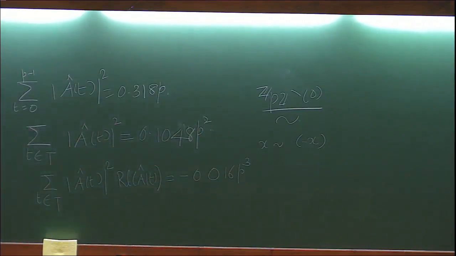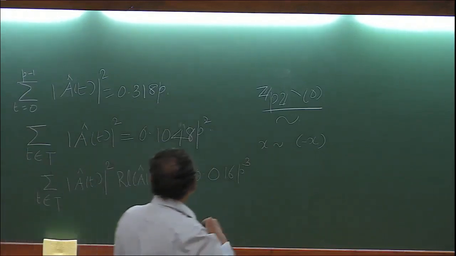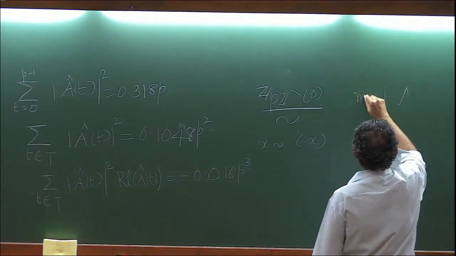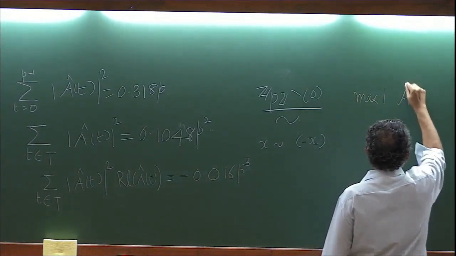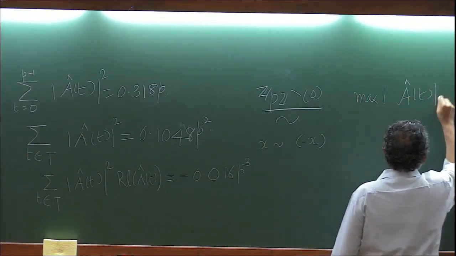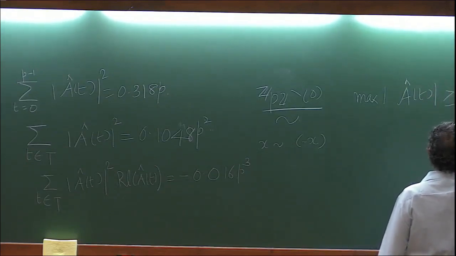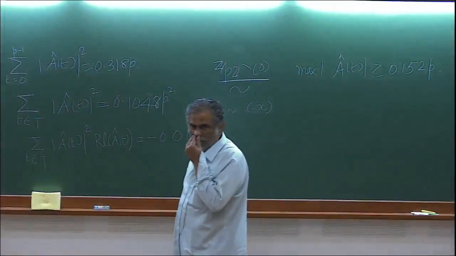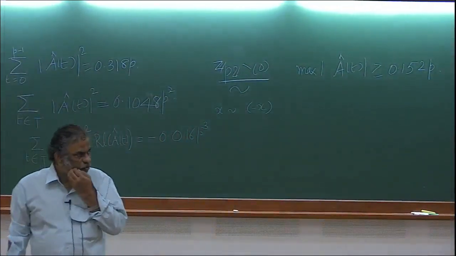And from these two equations, we want to get the maximum of |a hat t| to be a lower bound, and the trivial lower bound is 0.0148. But then this idea of the lobe gives essentially that the maximum of |a hat t| is bigger than or equal to 0.152p, and that's where we start.